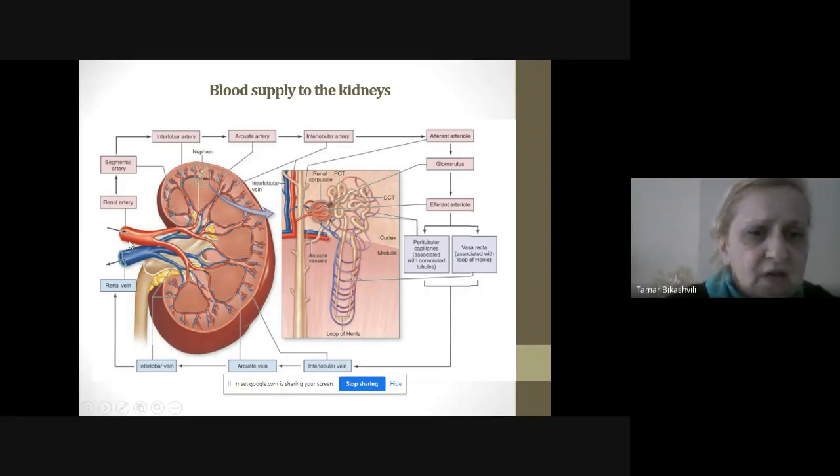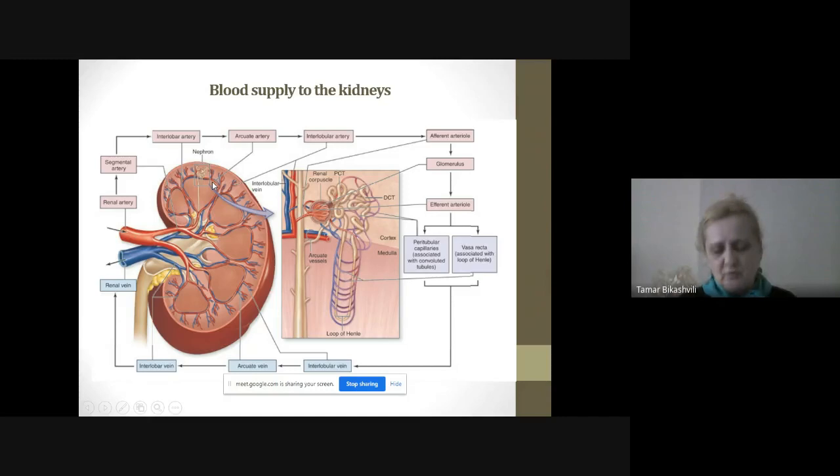The renal artery enters here, and of course the renal vein exits. The branches of the renal arteries are the segmental arteries. Then the next branches are the interlobar arteries, and the next are the arcuate arteries.